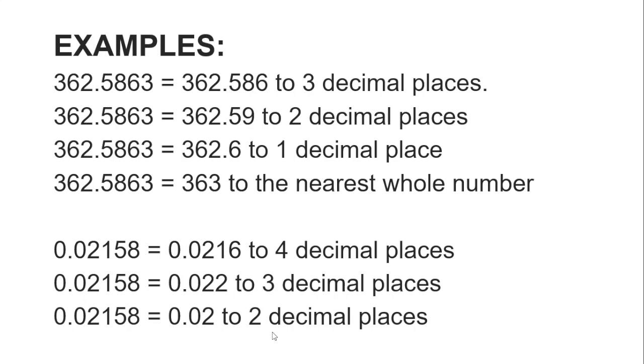By the way, if it's 5, you're gonna add it here. So it's gonna be 0.022. And for the second decimal place, it's gonna be kept as 0.02, since the number next to the second decimal place is 1, and that is below 5.